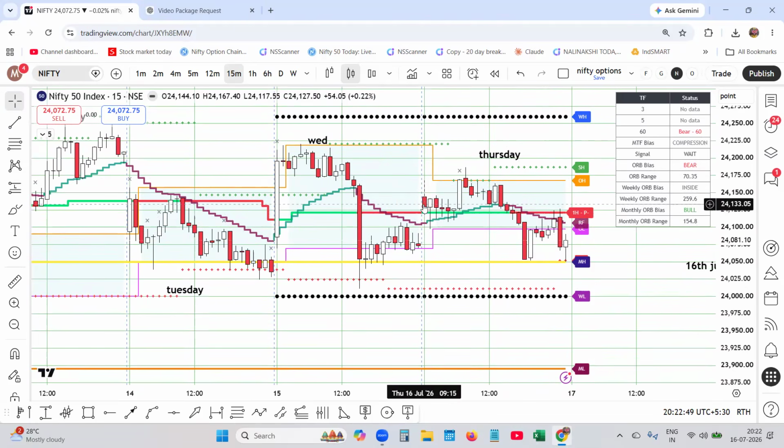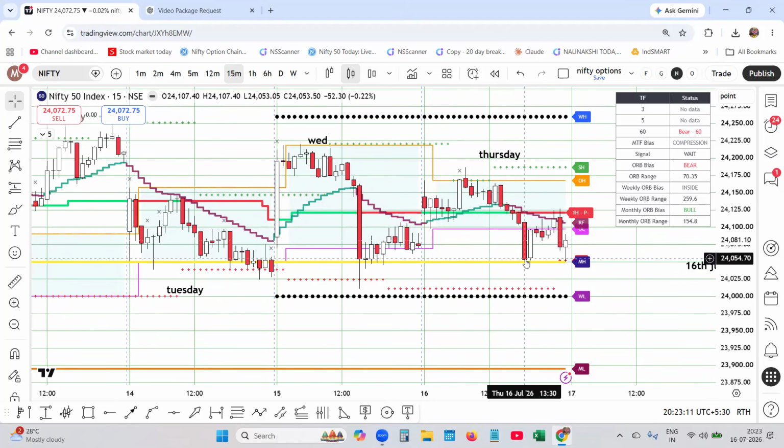Today it gapped up. It could not break above the open range high. That is based on the 30 minutes range. It could not break the range high, but it was able to break the range low.